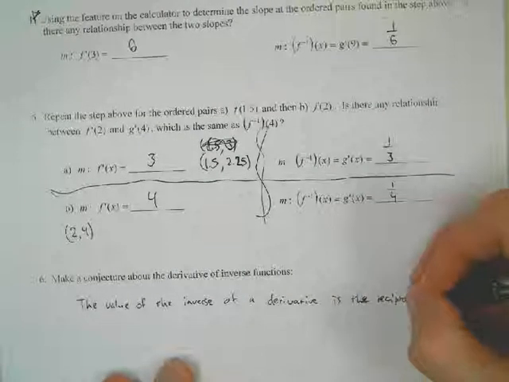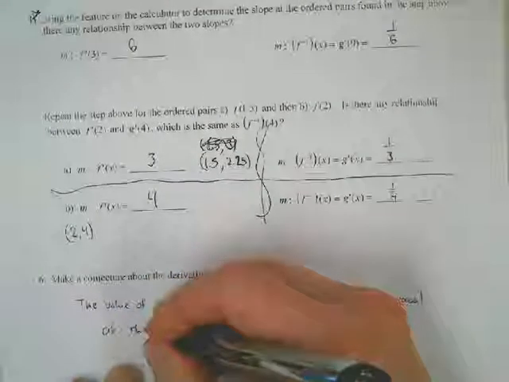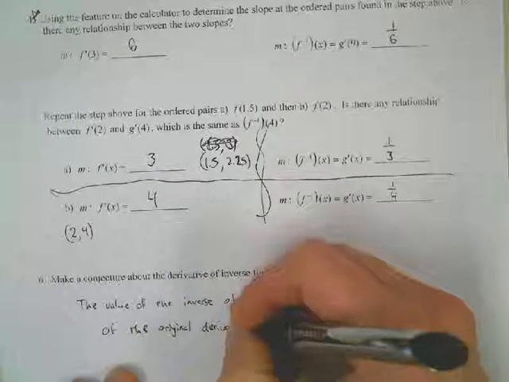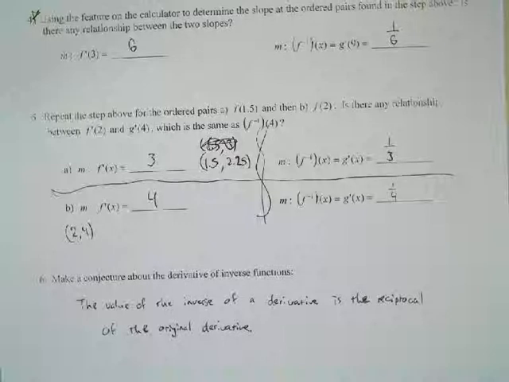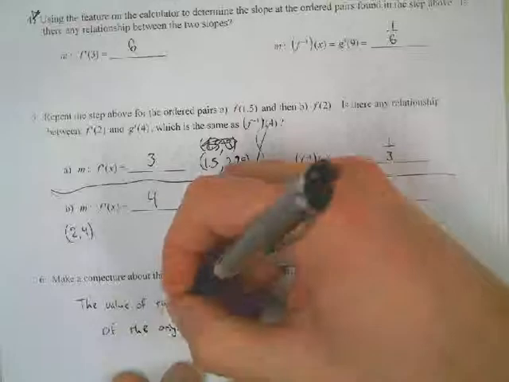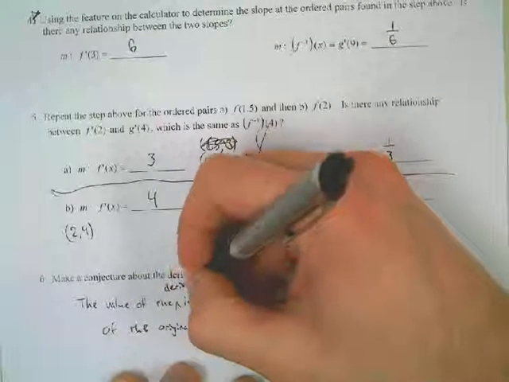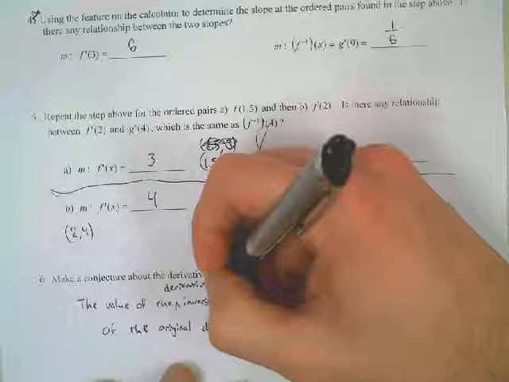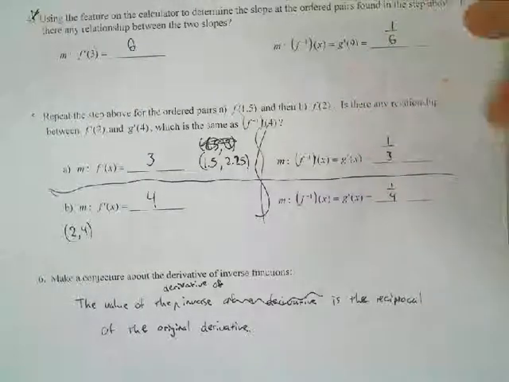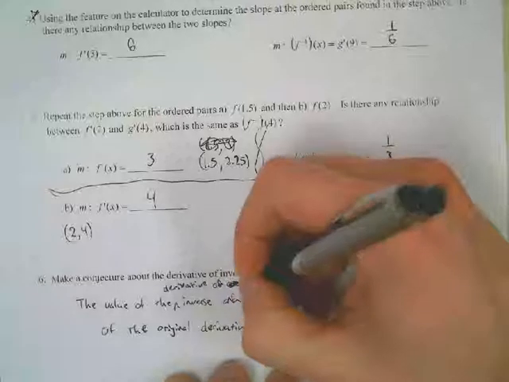The value of the derivative of an inverse is the reciprocal of the original derivative. And yes, it is a different thing to say the inverse of a derivative and the derivative of an inverse. They mean two different things. So, the value of the derivative of an inverse is the reciprocal of the original derivative.